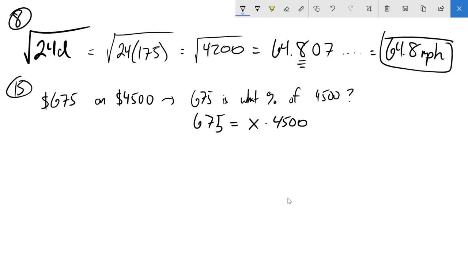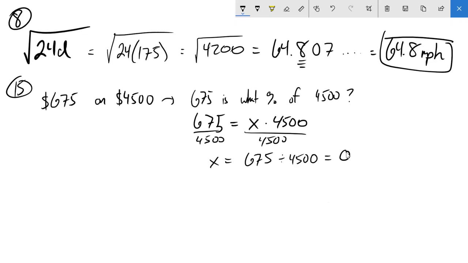That's going to get you your percentage. The equation tells you to do the same thing, divide by 4,500. So your answer is going to be whatever 675 divided by 4,500 is. You just take that small value, divide it by the big value. What do you get if you do that?